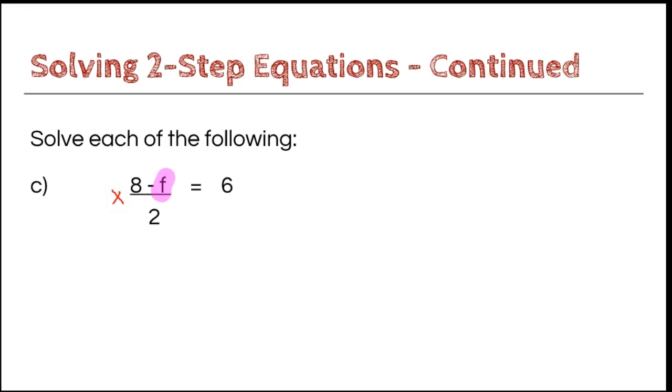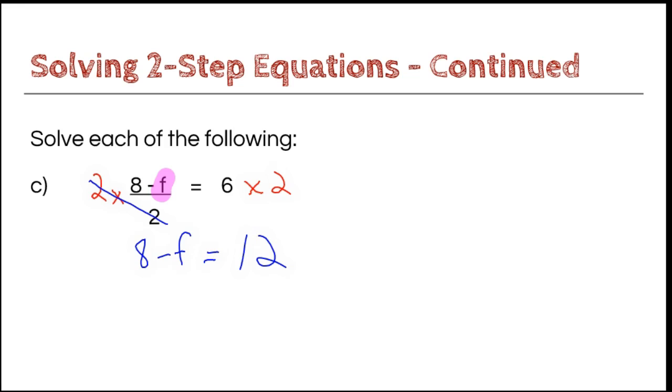So I'm going to do the opposite operation and multiply by 2, doing the same thing on both sides. So the 2's will cancel. And that's going to leave me with 8 minus f equals 6 times 2, which is 12.